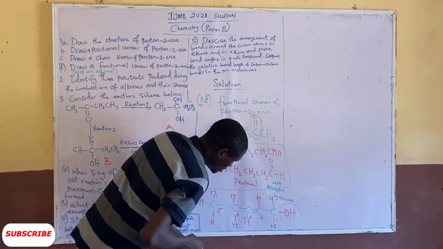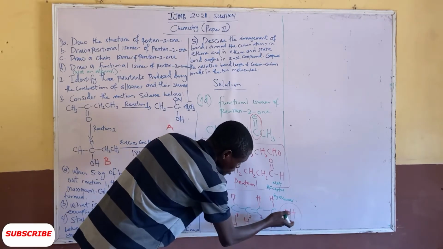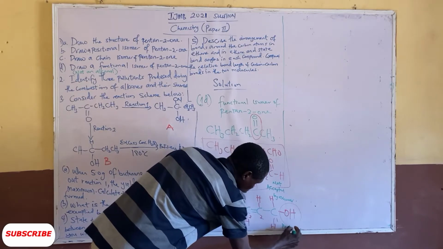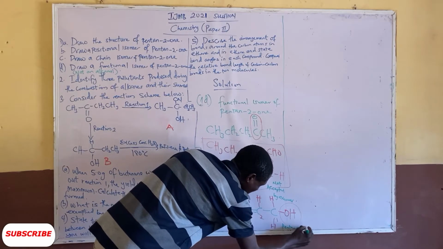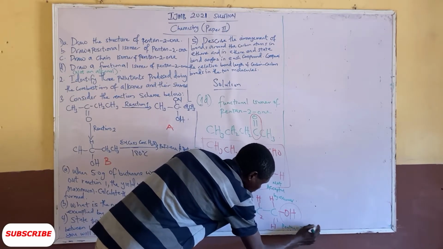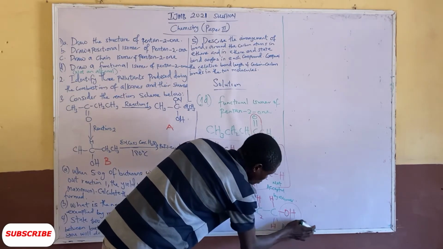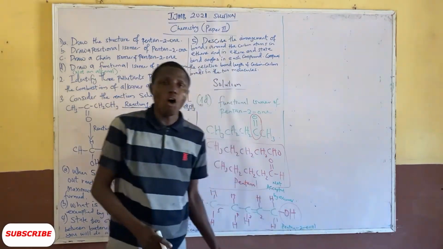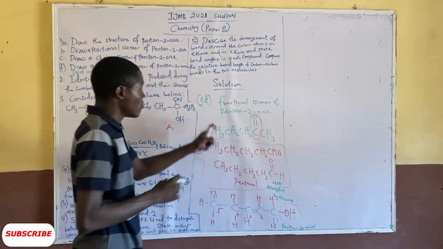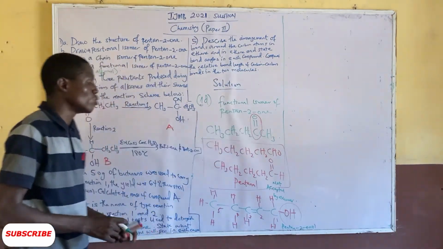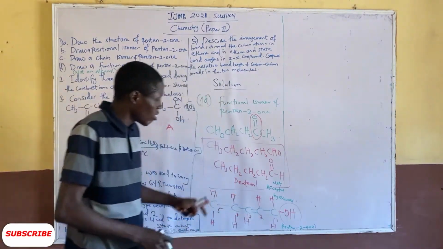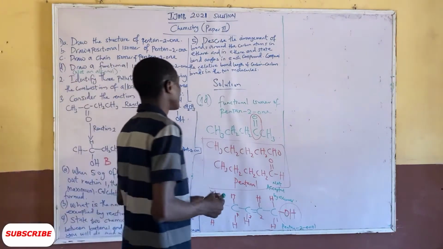It's supposed to be pentanone because of this priority, but you have a double bond here, so it's going to be pentan-2-en-ol. Now en plus ol, it will be en-ol. Pentan-2-en-ol. So that is the functional isomer of pentan-2-ol. Pentan-2-en-ol. So that's that about number 1 question.